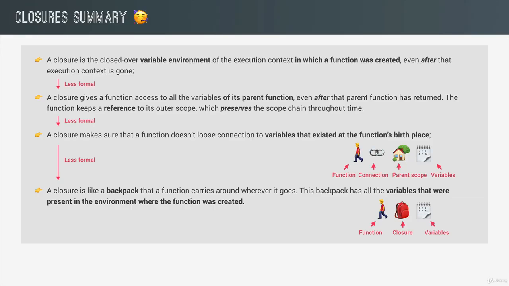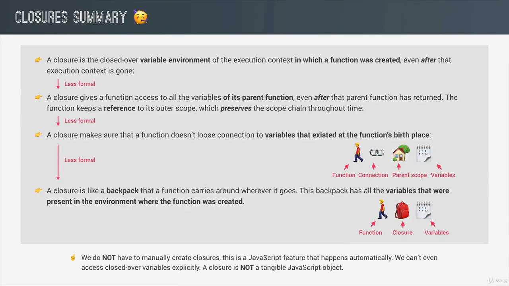Finally, we need to understand that we do not have to create closures manually. And this is also what I already touched on at the beginning of the lecture. So instead, this is something that JavaScript does completely automatically. We don't have to do anything. Also, there is no way for us to explicitly access closed over variables. That's because closures are not like a tangible thing.